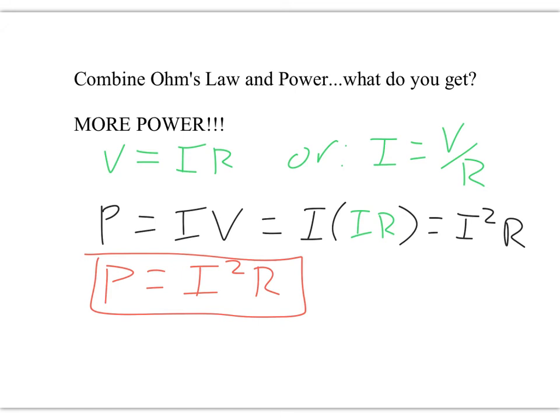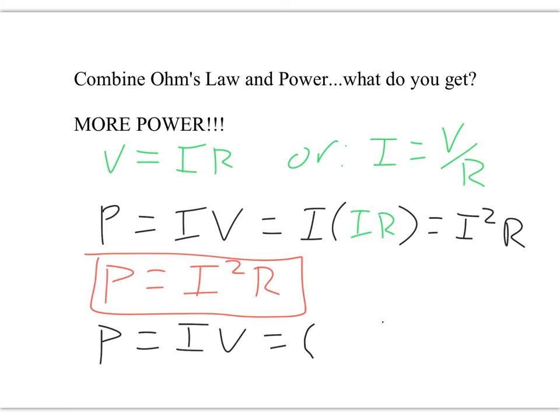And one more. Again, if I start with power is equal to current times voltage, then instead of subbing out for the voltage, I'm going to sub out for the current, because I can also write Ohm's law as I is equal to V divided by R. So if I go through and do this, look what happens.